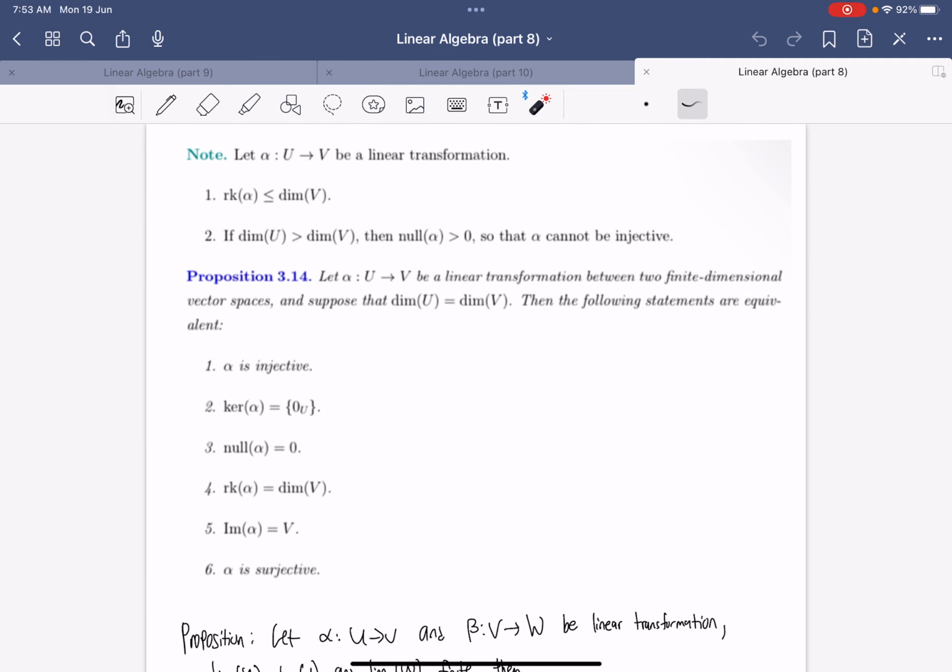And because of this, we can show that the rank of a linear transformation is always less than or equal to the dimension of the codomain. And if the dimension of V is greater than the dimension of W, then the null space must be greater than 0, hence T cannot be injective.